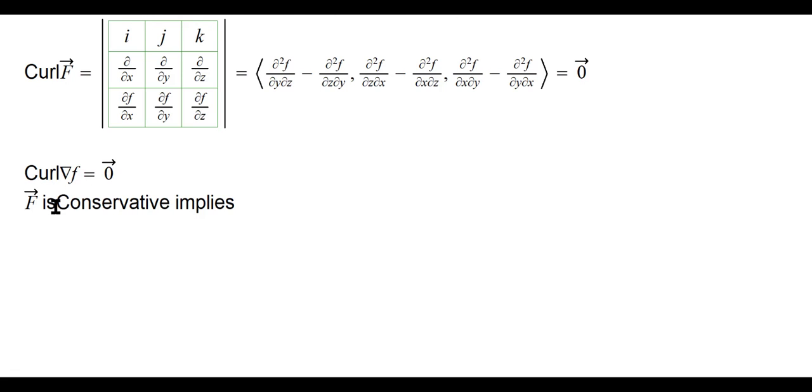Let's put it in simple language: curl of F equals 0, right?